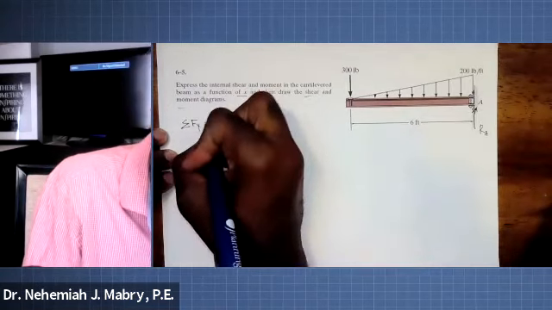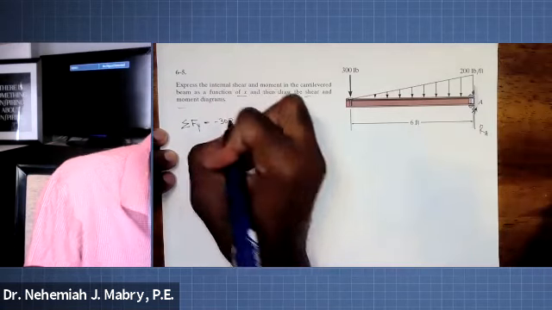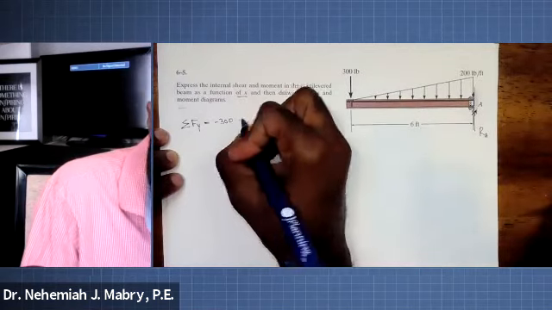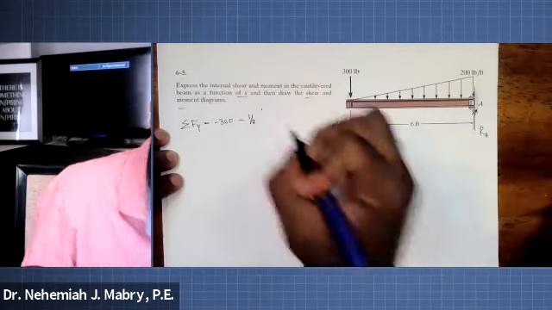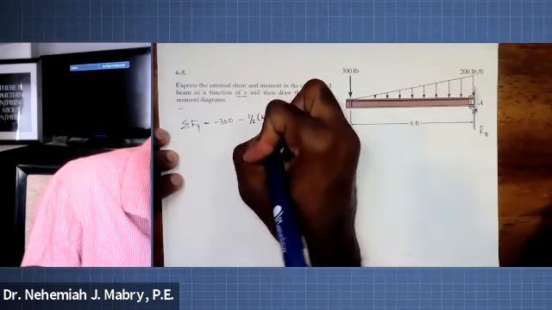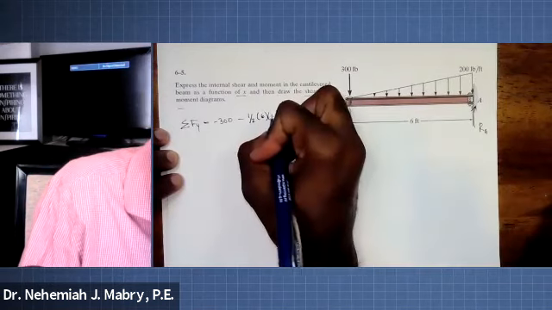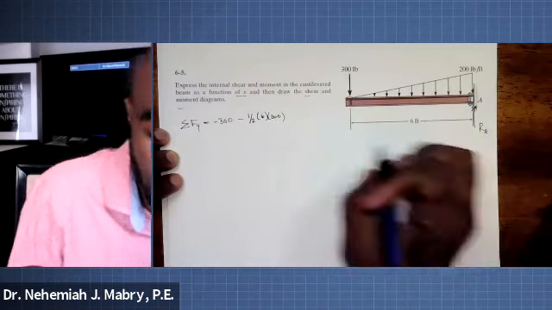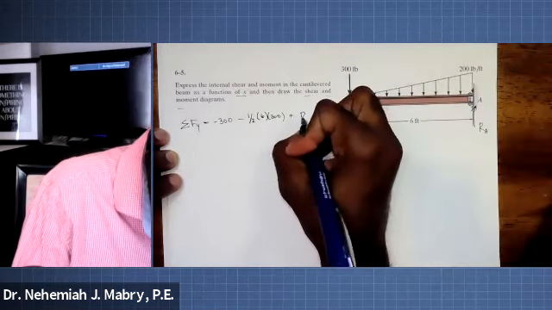So we got a negative 300. Then we have this triangular distributed load. To do the triangular distributed load, we're going to do 1/2 base, which is 6, times the height, which is 200. And then we have this lone reaction here at A, so we'll say plus RA.